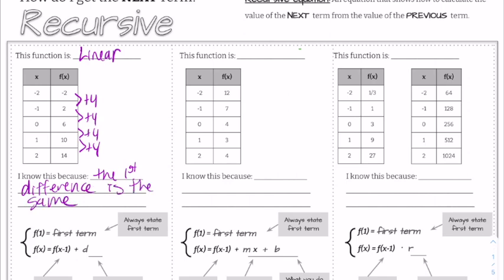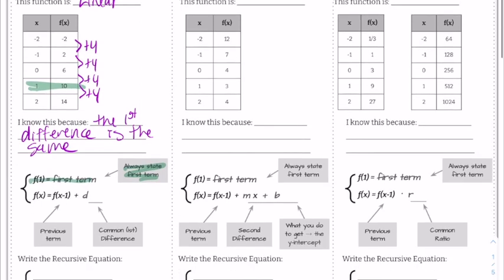Now, when we want to find our equation, we always need to say what our first term is. So here, our first term is with our x value of 1. And we would say that f of 1 is 10. So down here we've got f of 1 is 10. Then the next thing we say is we get the next term by doing the previous, and then adding whatever our common difference is.